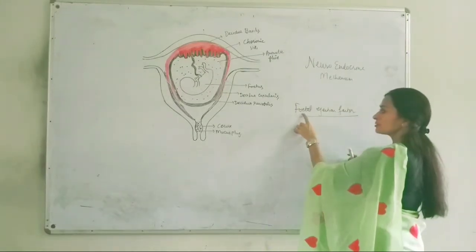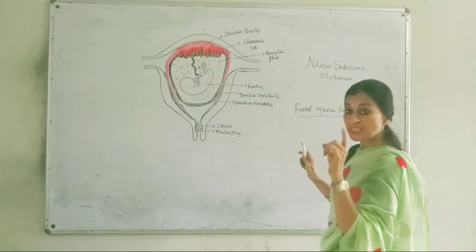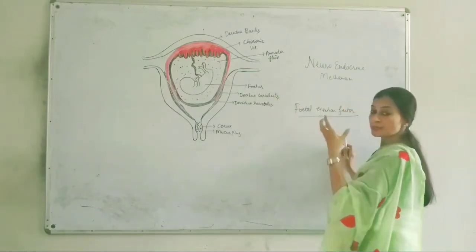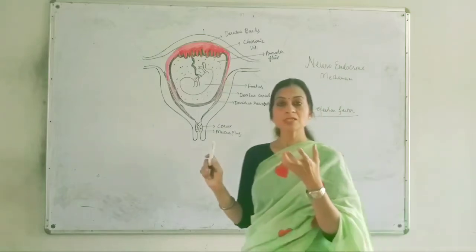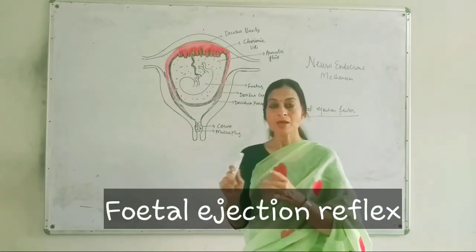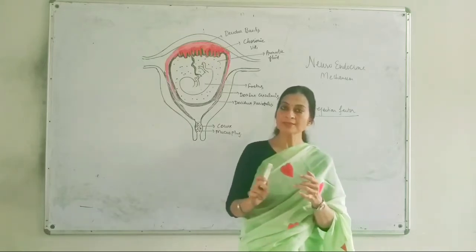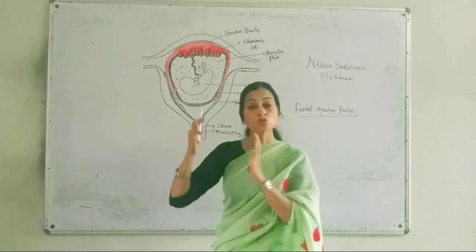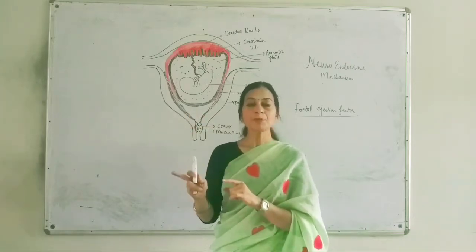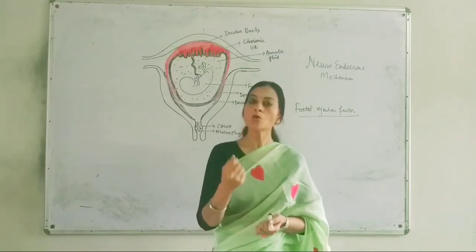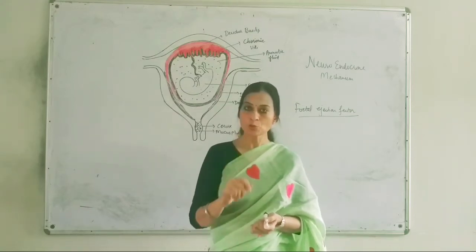Because the signals were first initiated by the fetus, this type of reflex is known as the fetal ejection reflex. Fetal ejection reflex is a signal that will stimulate the posterior pituitary gland to release its content, that is, oxytocin or the birth hormone.